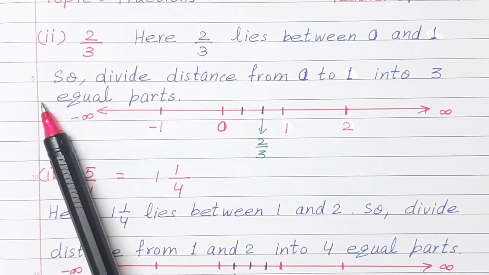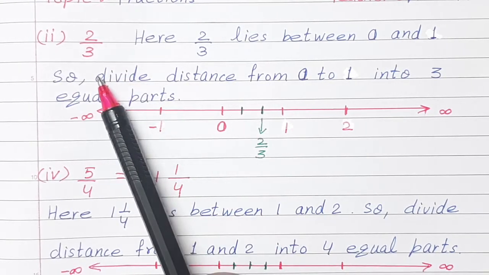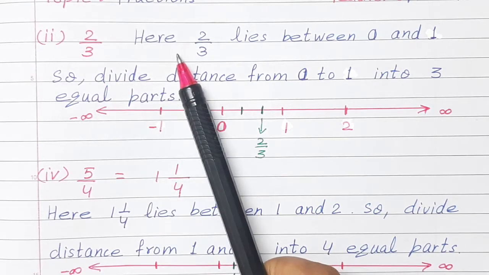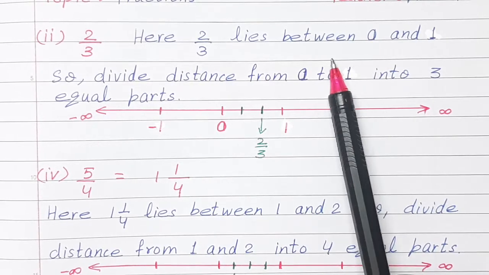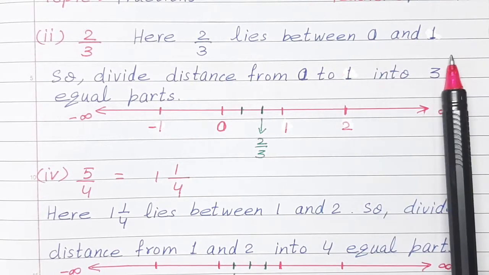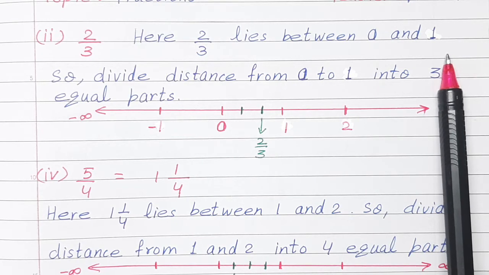Now children, see the second part, 2/3. Here also we know that 2/3 lies between 0 and 1. Children, note down one very important point here.